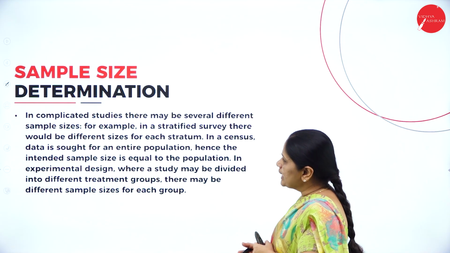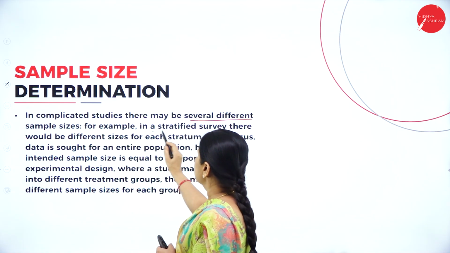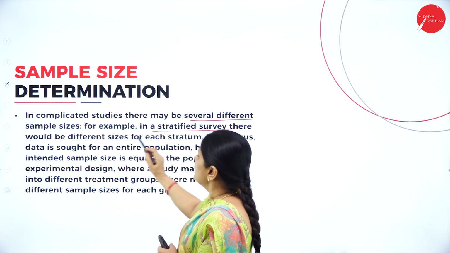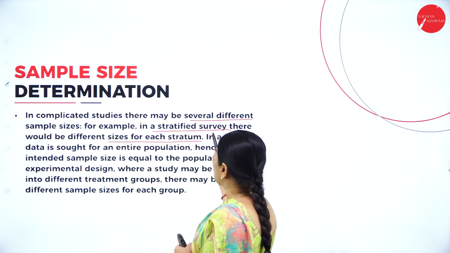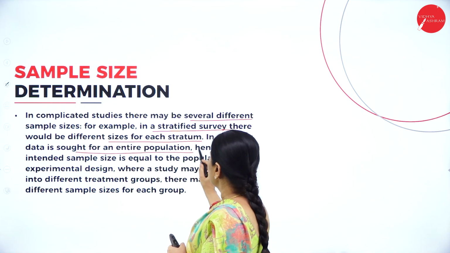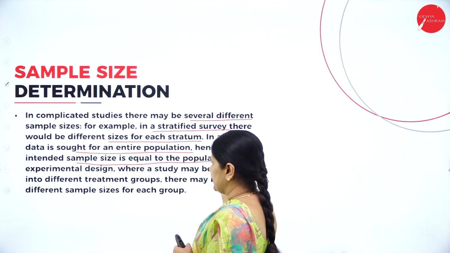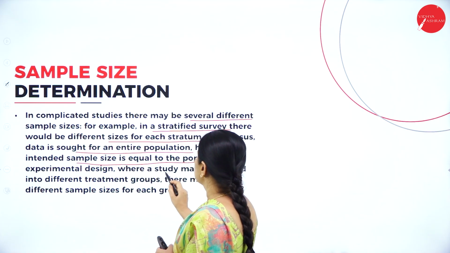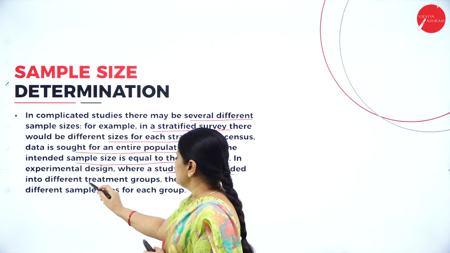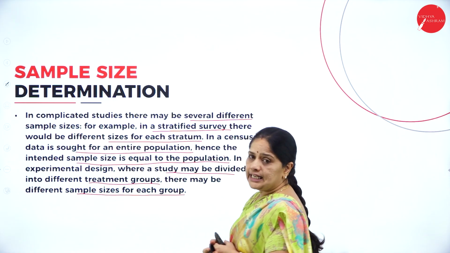Next, in complicated studies, there may be several different sample sizes. For example, in a stratified survey, there would be different sizes for each stratum. In a census, the data is sought for the entire population. Hence, the intended sample size is equal to the population. In experimental design, where a study may be divided into different treatment groups, there may be different sample sizes for each group.